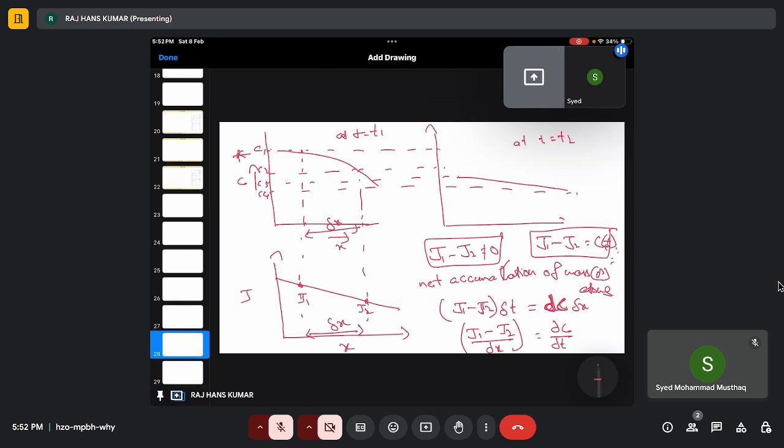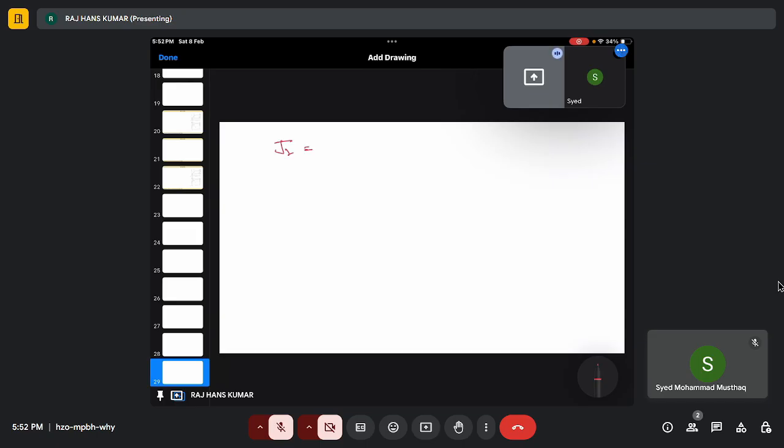Now this is dx, right? This is the distance dx. Okay? Now, we know again from differential, J2 will be equal to J1 plus dou J by dou x times dx.